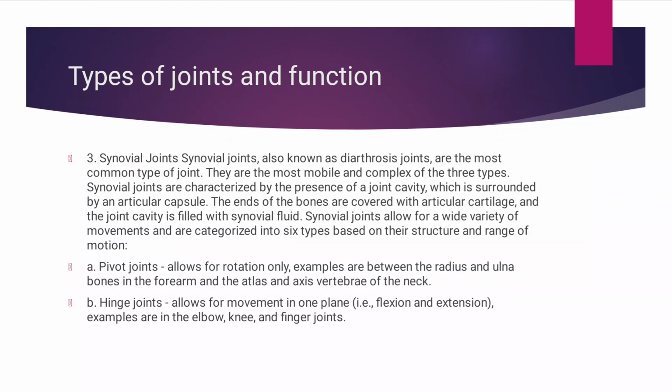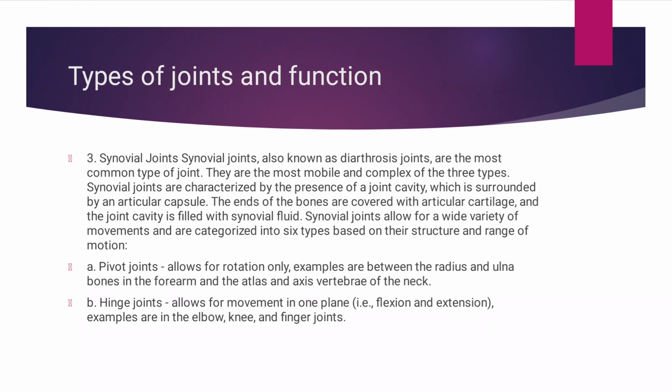These synovial joints are characterized by the presence of a joint cavity which is surrounded by an articular capsule. Ends of the bones are covered with articular cartilage and the joint cavity is filled with synovial fluid. This synovial fluid allows a wide variety of movements. It is categorized into 6 types based on structure and range of motion.